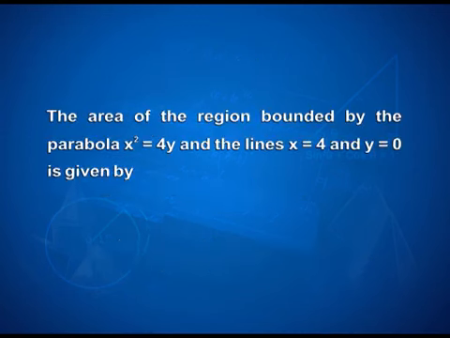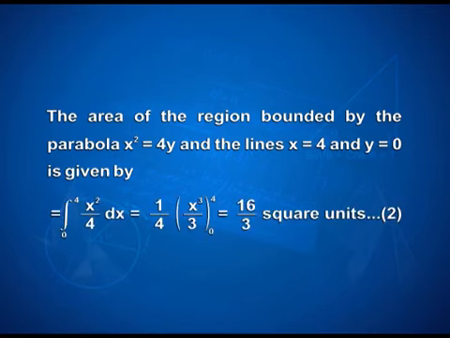The area of the region bounded by the parabola x² = 4y and the lines x = 4 and y = 0 is given by the integral from 0 to 4 of x²/4 dx, that is equal to 1/4 into x³/3 with limits 0 and 4, that gives us 16/3 square units as the area.